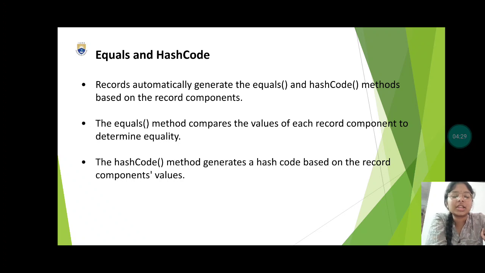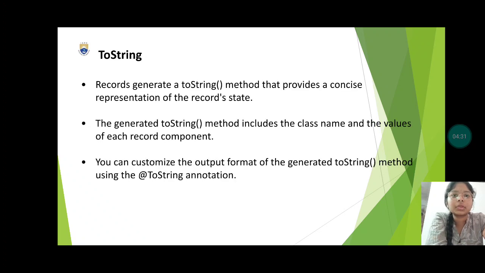So let's enter into our next slide. ToString. Records generate a toString method that provides a concise representation of the record state. The generated toString method includes the class name and the values of each record component.